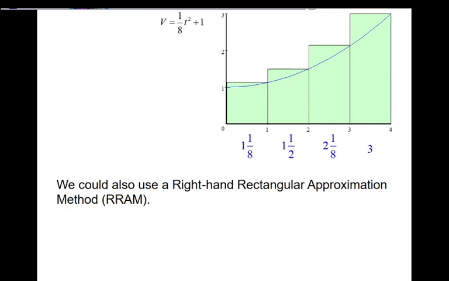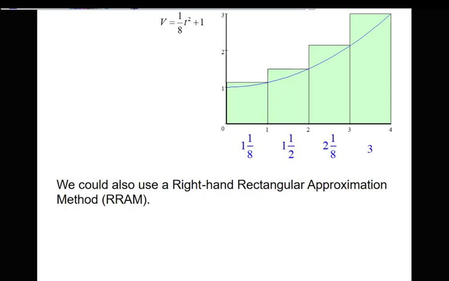I plug my right-handed values. So on the last one I used 0, 1, 2, and 3, but on this one I'm using 1, 2, 3, and 4. These values, these heights, from here to here, and from here to here, and from here to here, okay? So for this one, my values come from the right-hand side.